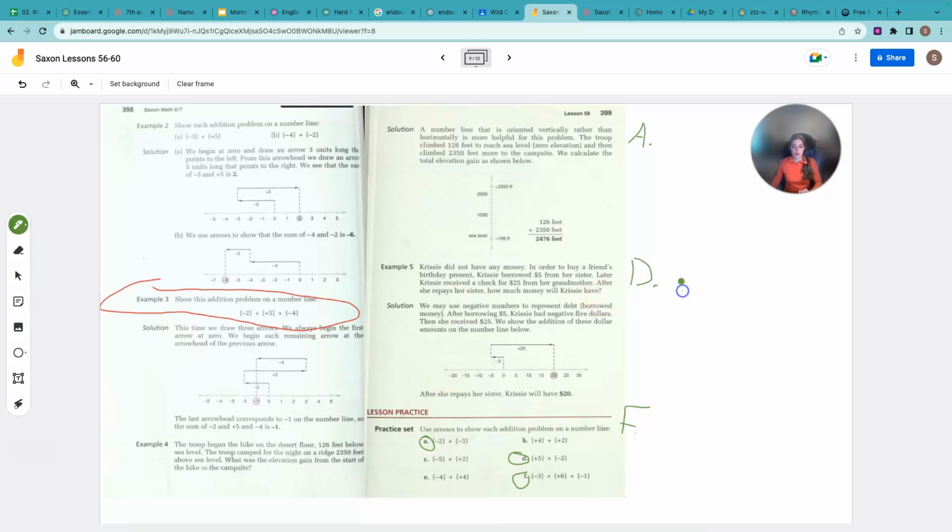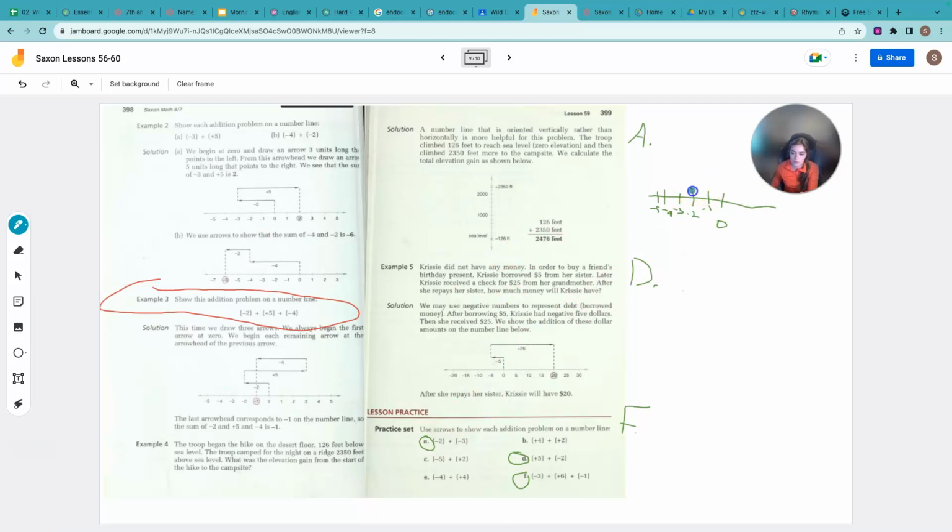So for A, we have -2 plus -3. So 1, 2, 3, 4, 5. So we have -1, -2, -3, -4, -5. Let's make that 4 a little bit better. Okay, so we're starting at -2, right? So let's pick a different color here.